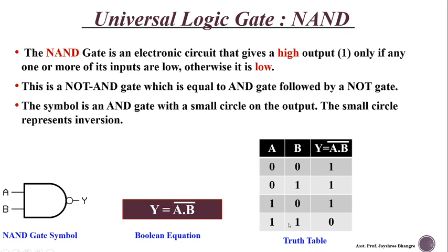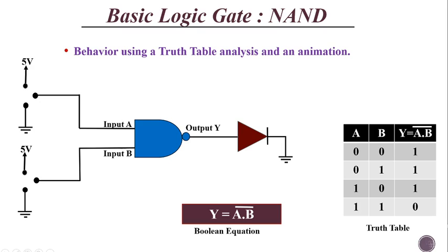If both inputs are 1, 1, then it will be 0. So it is the inverse or complement of the AND gate. We can say that this NAND gate is nothing but AND plus NOT. So let's see the behavior of this NAND gate using the truth table.